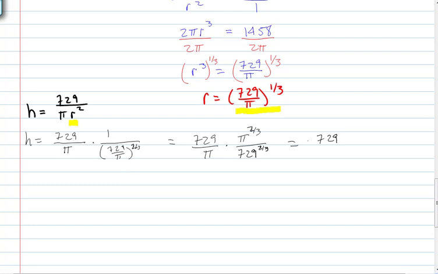Yeah. All right, so this is 729 to the 1/3 over pi to the 1/3. Is that right?